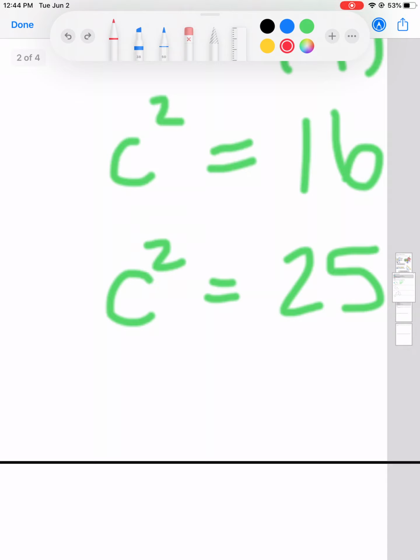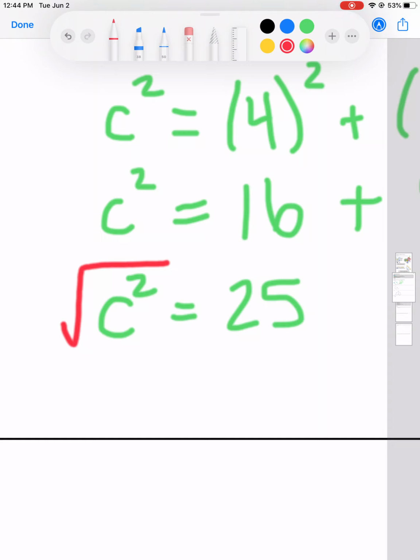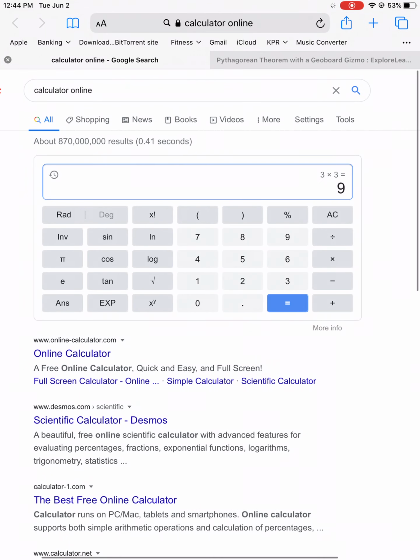The opposite of a square is a square root. Okay, I'm not going to explain why, just because I don't want to boggle your brains. So that means we have to take the square root of 25. So I'm going to go over here. Now, because of this calculator, I'm going to do square root 25, equals 5.